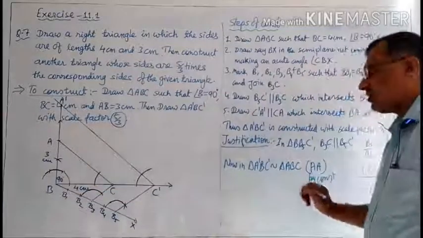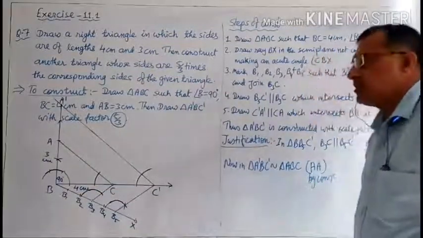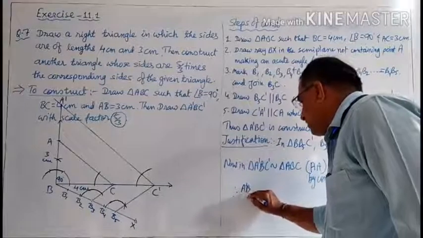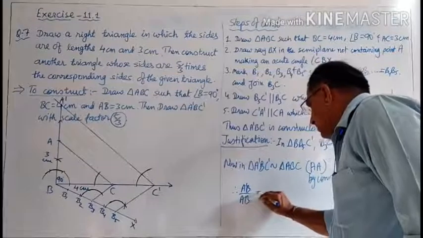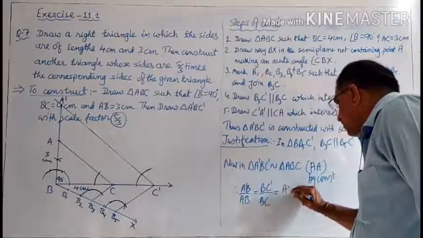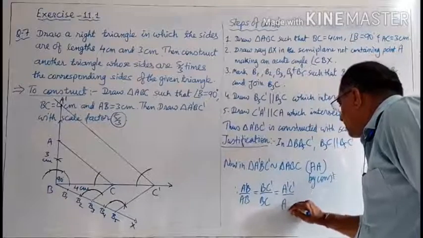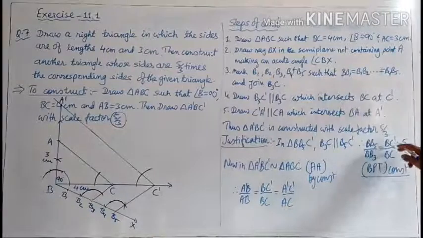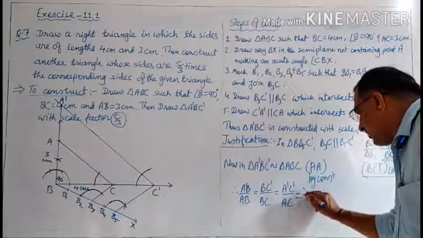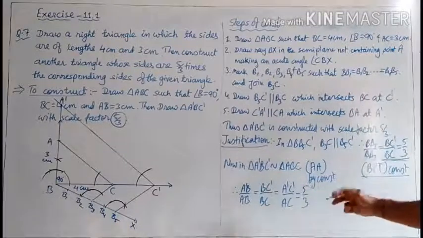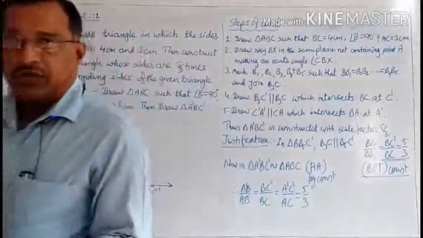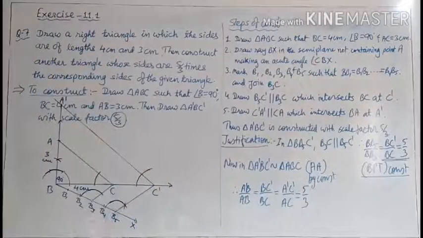Therefore by AA criterion they are similar, and corresponding sides are in proportion. Thus A dash B upon AB is equal to BC dash upon BC, equal to A dash C dash upon AC. As we know BC dash upon BC is equal to 5/3, so this is also 5/3. So all the sides are in this proportion, and thus the required triangle is constructed whose scale factor is 5 by 3.